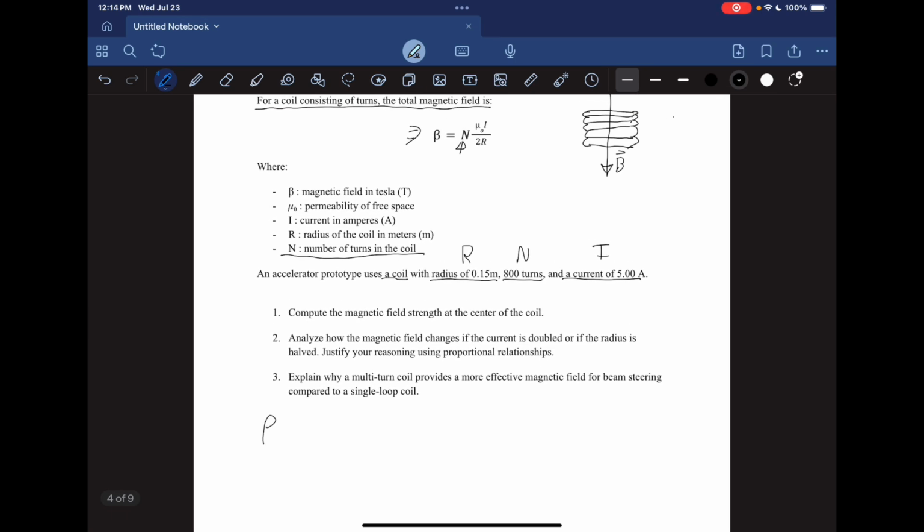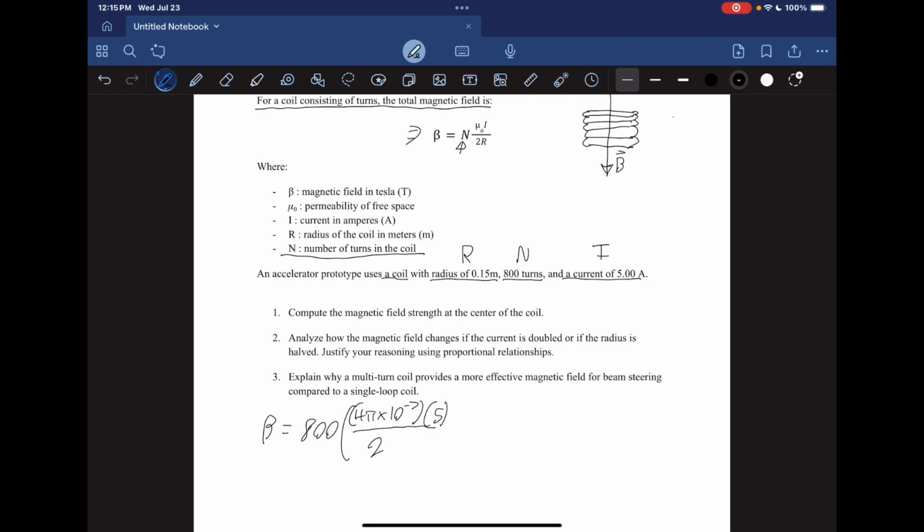We've got B, which is the magnetic field strength, equals N, which is 800, times mu naught, the permeability constant, which is 4 pi times 10 to the negative 7, times the current, which is 5 amps, divided by 2 times the radius.